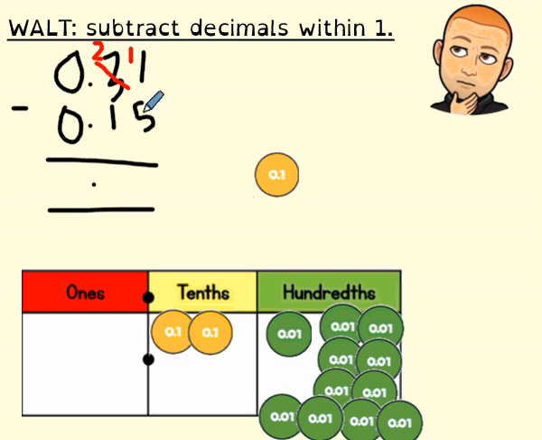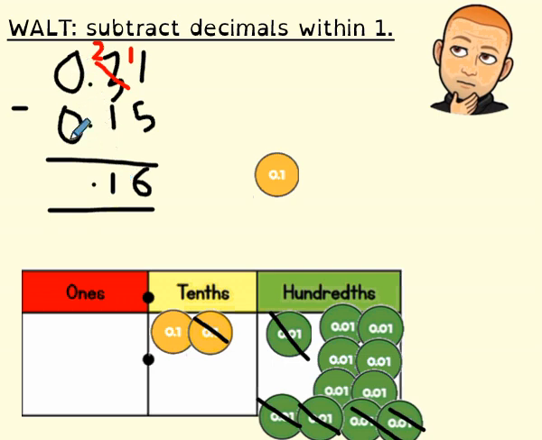So subtract 5, 1, 2, 3, 4, 5. That leaves me with 6/100 remaining. So my 6 goes in my hundredths column like so. 2/10 subtract 1/10, cross out 1/10. How many do I have remaining? I have 1/10 remaining. 0 ones, take away 0 ones, remains 0.